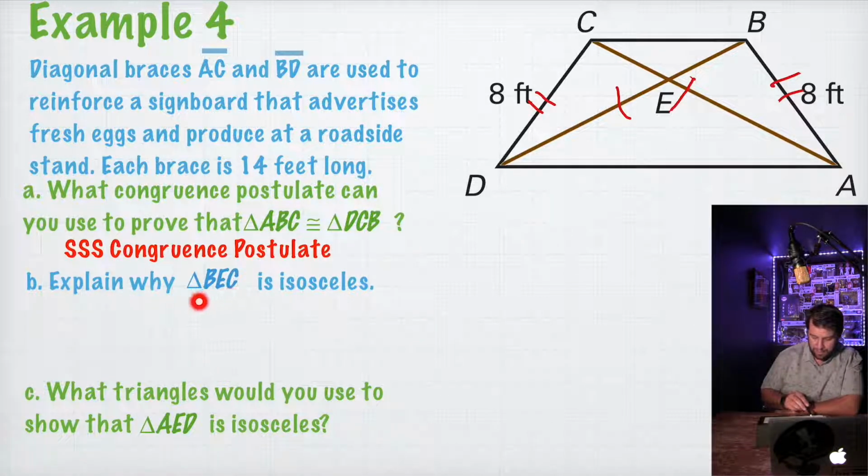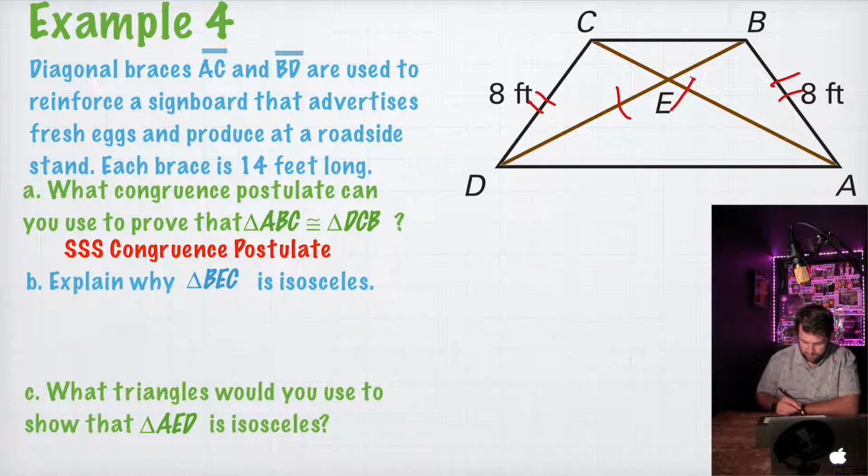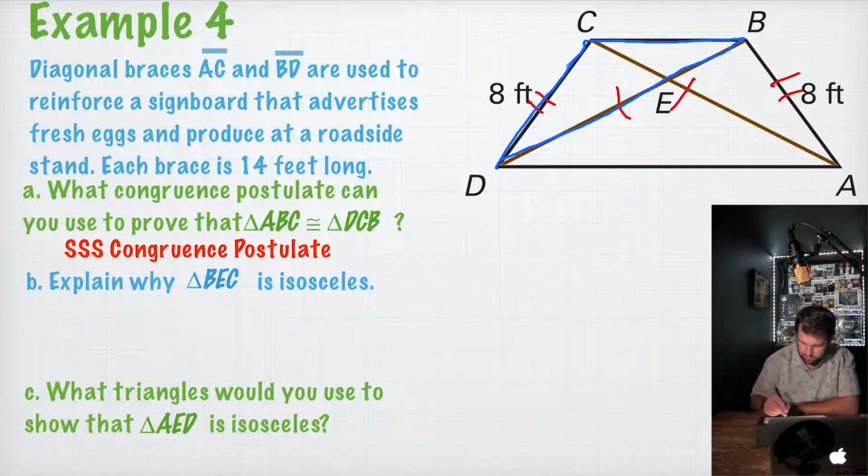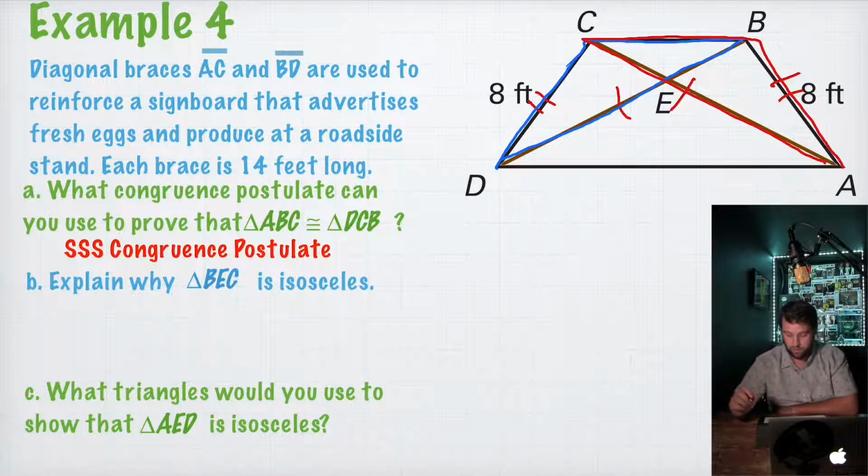Now they want us to explain why BEC is isosceles. BEC. Well, we established that this triangle right here, I'm going to go ahead and draw it blue and draw the other one red. We established that the blue and red triangle are congruent.